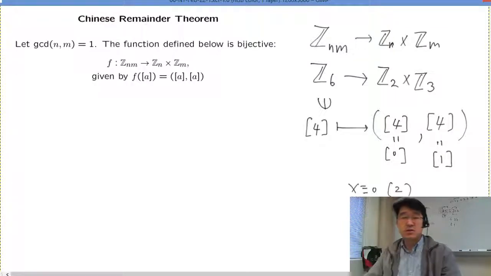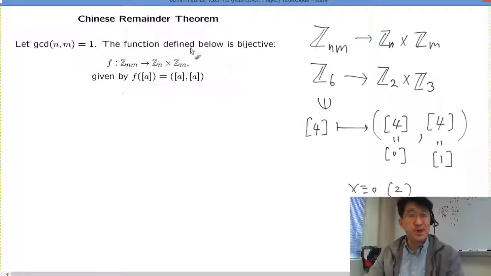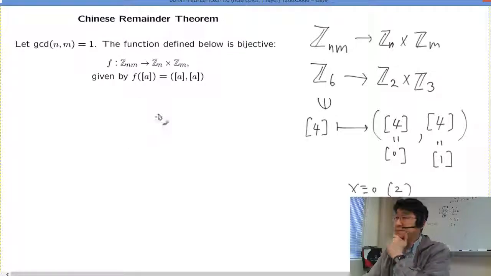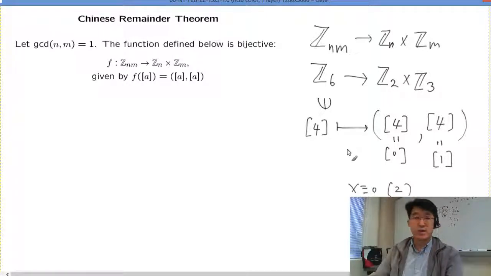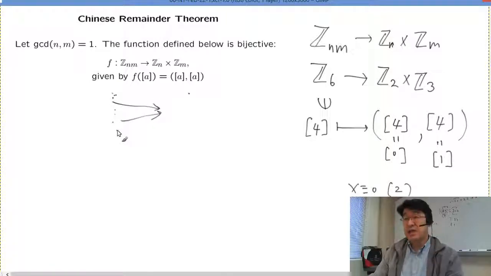According to the description of our Chinese remainder theorem, does that prove this map is surjective or injective? Surjective goes like this. Choose any pair here, then there must be an element in there. Injectivity goes, if you choose 2 elements in there, and they go to the same thing, they must be the same element in the first place.